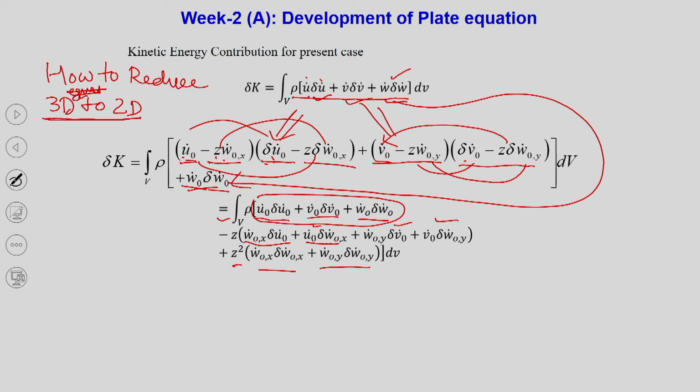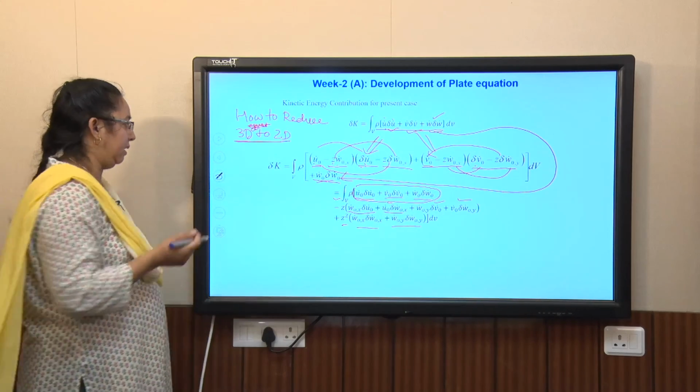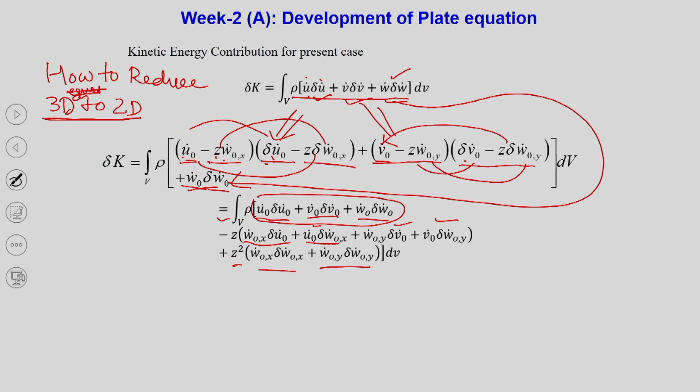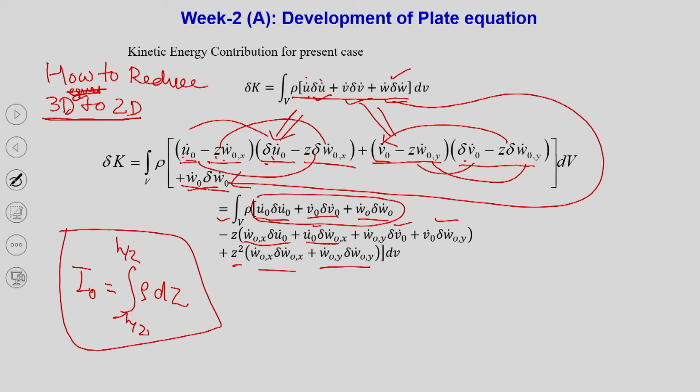Now, it is on volume. If we say the moment resultant, mass moment of inertia, then the definition of mass moment of inertia here is integral from minus h by 2 to plus h by 2 of ρ times dz. We say that it is equal to some constant which is denoted by I naught and equivalent to the mass moment of inertia.